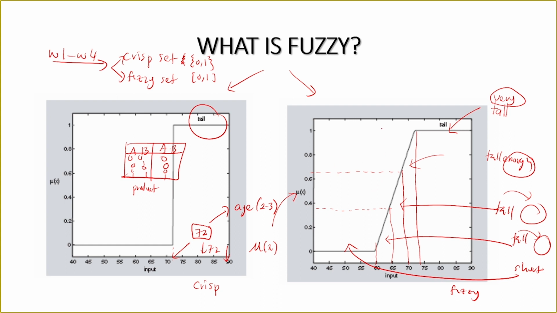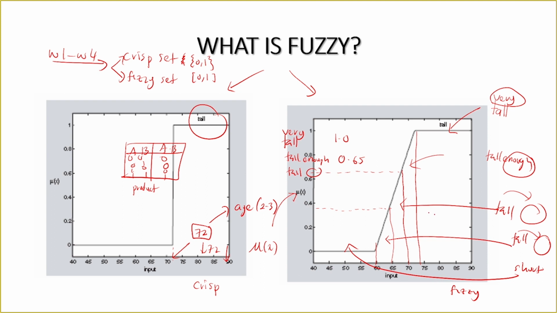However, in fuzzy, the things that we discuss over here are: very tall is 1.0. Tall enough is, let's say, 0.65.